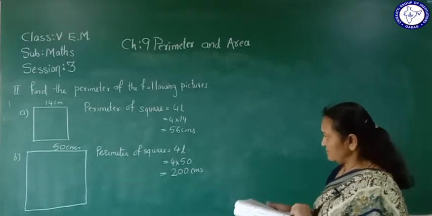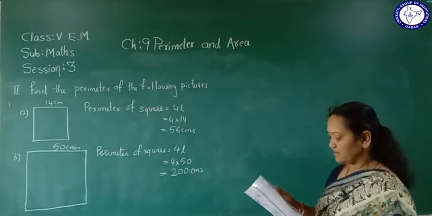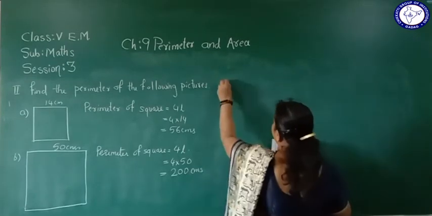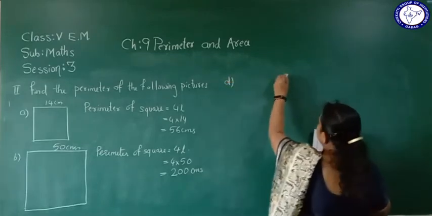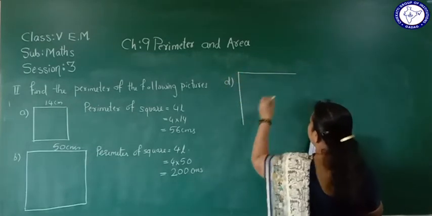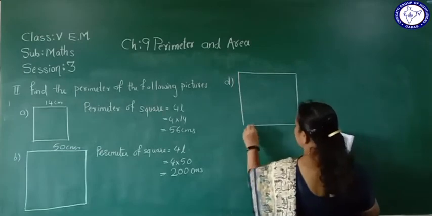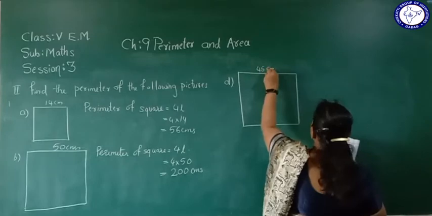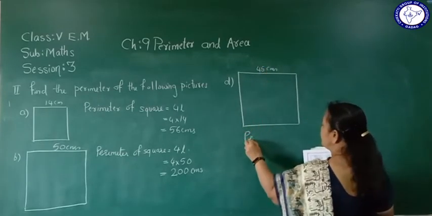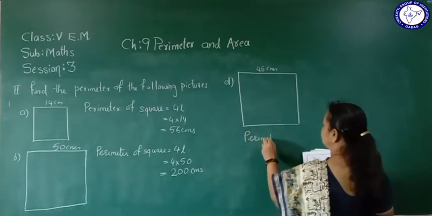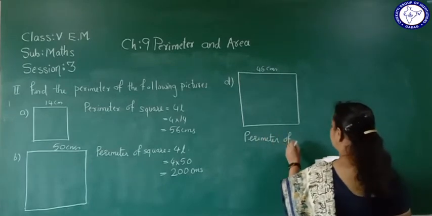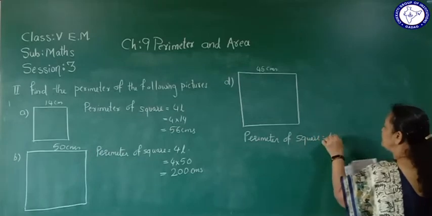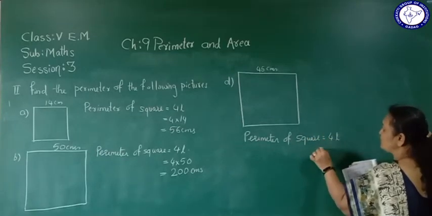Then still one, let me do the D question. Here one scenery, again a frame of a scenery is given and its sides are 45 centimeters. Then here the perimeter of a square is 4L or 4 into side.